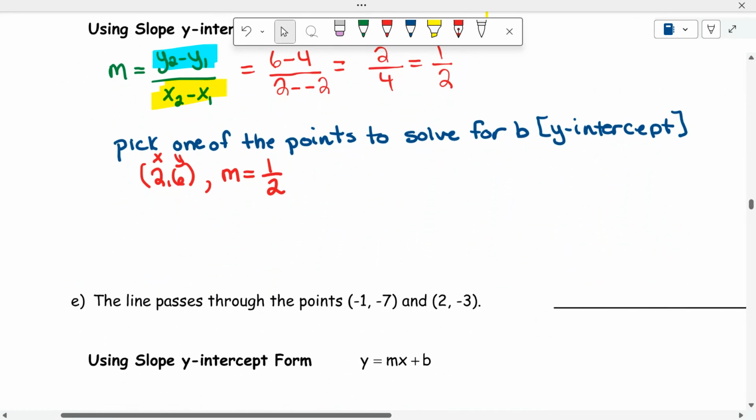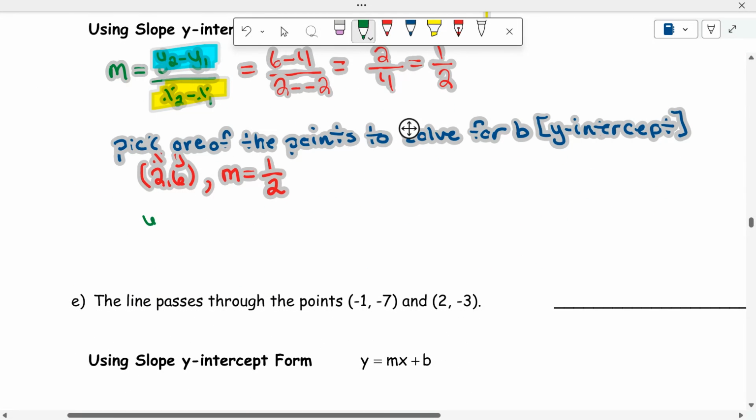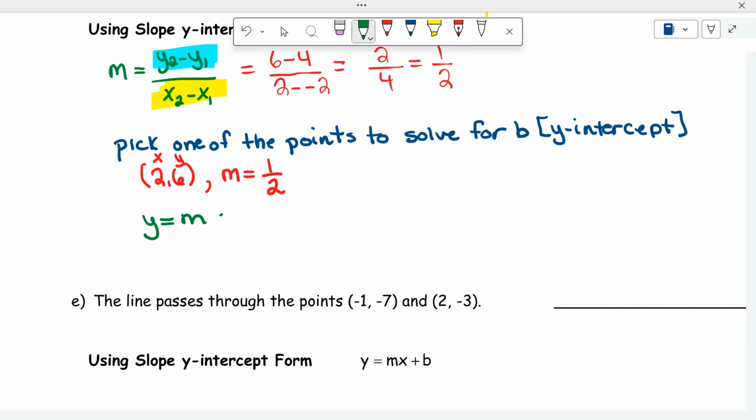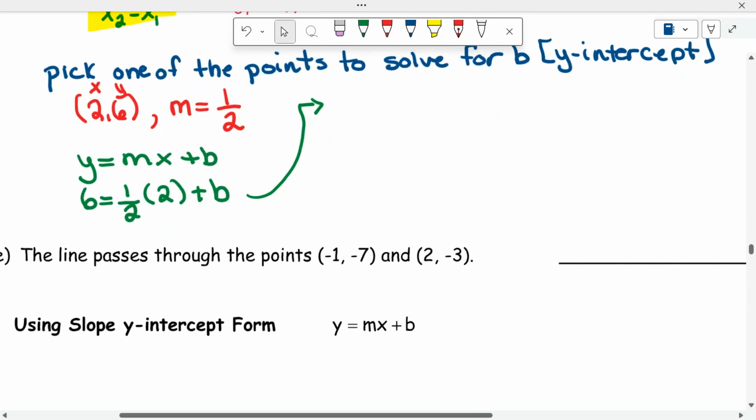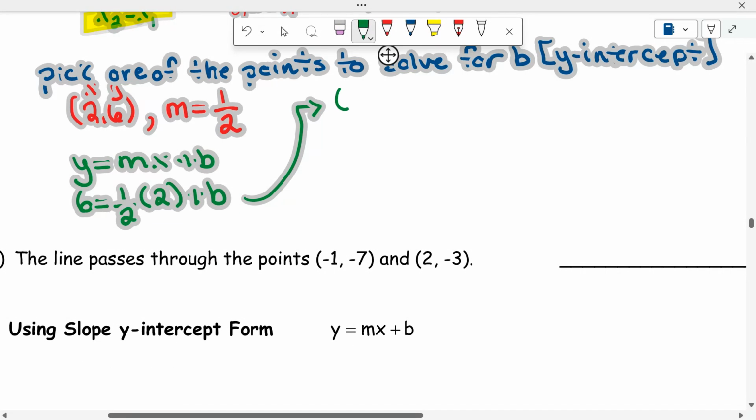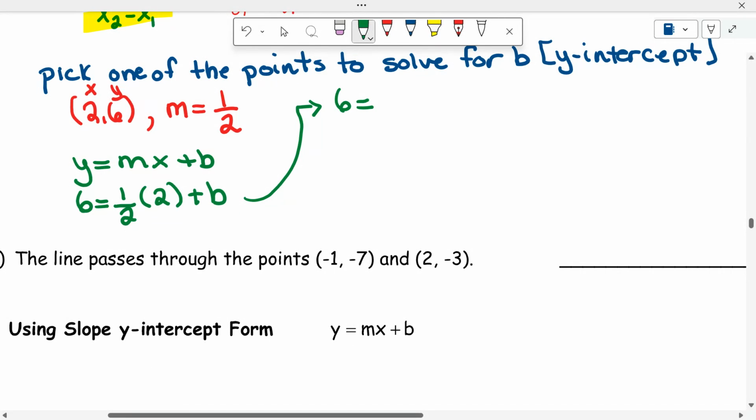So now it's exactly like we did above, right? So then you grab your formula, y equals mx plus b, and you put your information in, right? So y is 6, m is half, times x, which is 2, plus b. So 6 equals, so if you go half times 2, you get a 1.